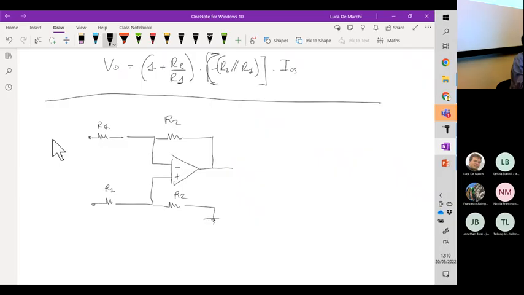To this guy, we can apply the common mode voltage minus the half of the differential. And to this one, we are applying half of the differential plus the common mode.